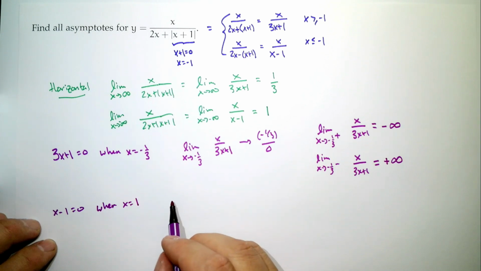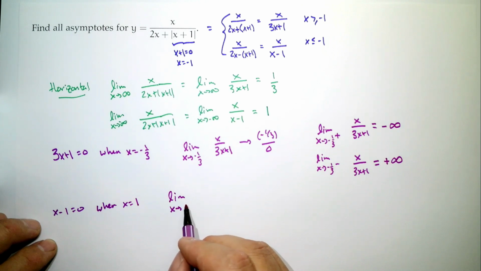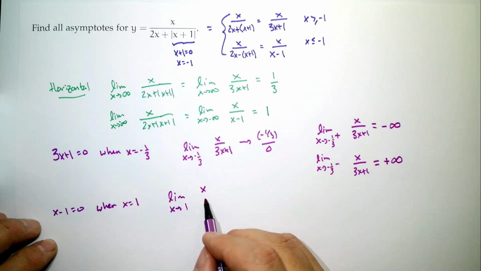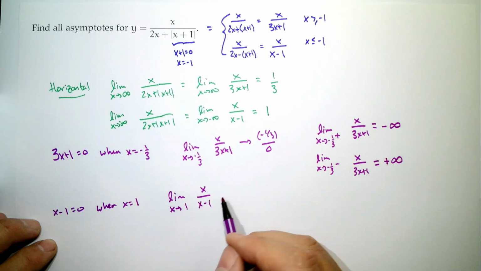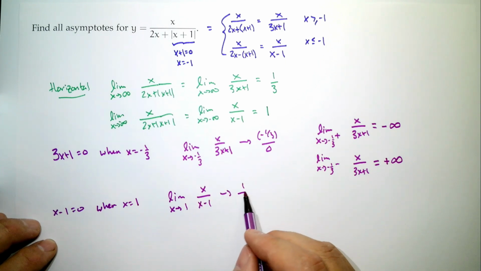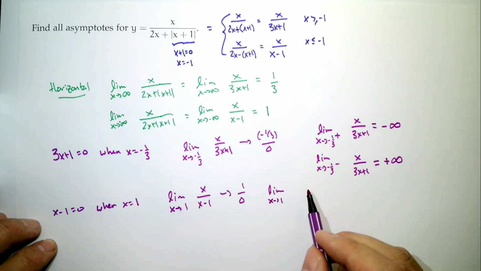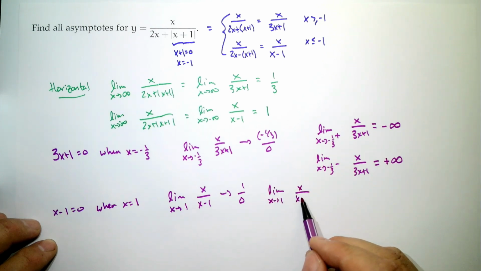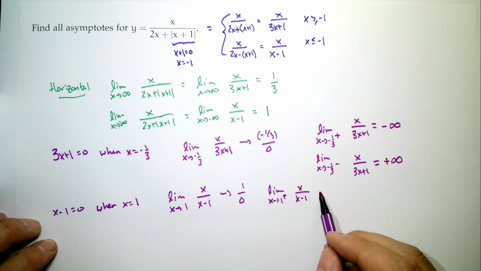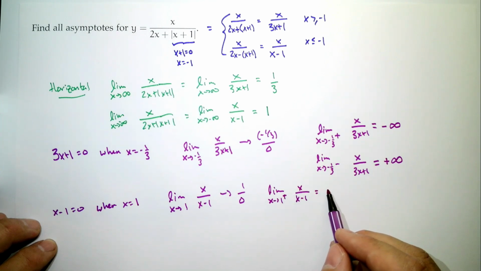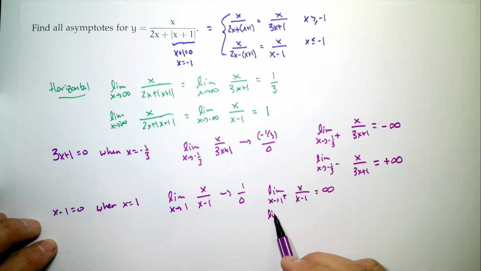If we do the same analysis, here it's a little bit easier. We're trying to understand x over x minus 1, and we say, aha, it goes to like 1 over 0. And in the interest of time, if you ran the same thing from the plus side, you would get a plus infinity, and from the minus side, you'd get a minus infinity.